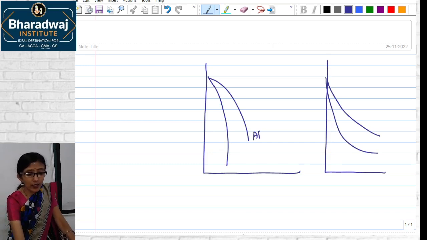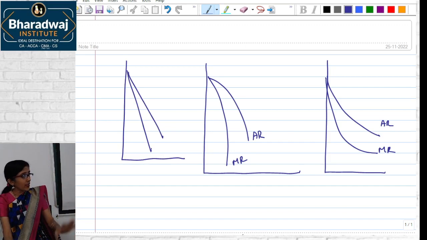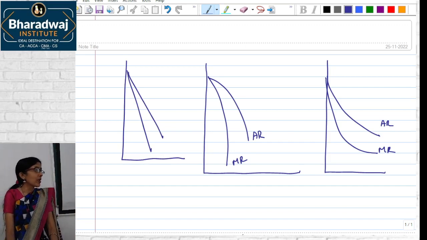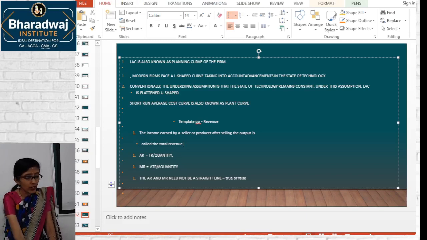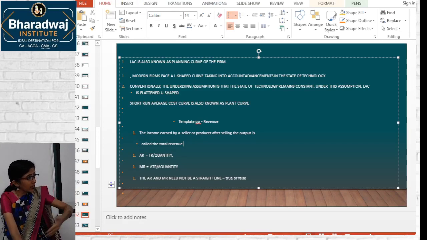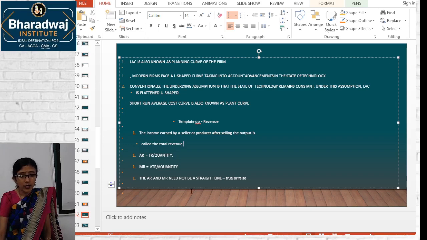So this is AR, this is MR. So it need not always be a straight line. It can be linear, it can be concave, it can be convex. This was asked in one of the papers, so that is why I included it. So what is the answer here? The AR and MR need not be a straight line, true, because it can be linear, convex, or concave, any form. Can you understand that? Okay, next one.